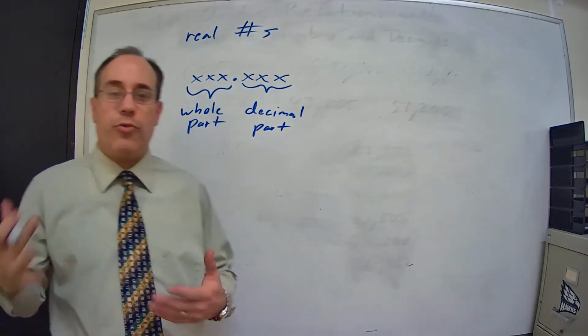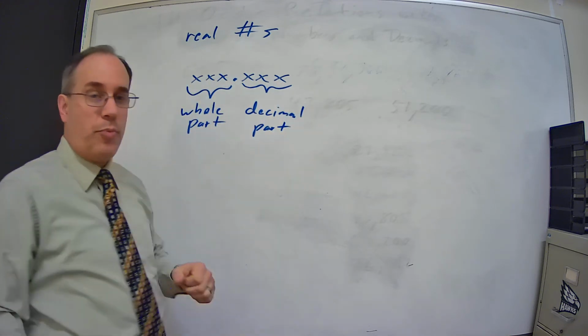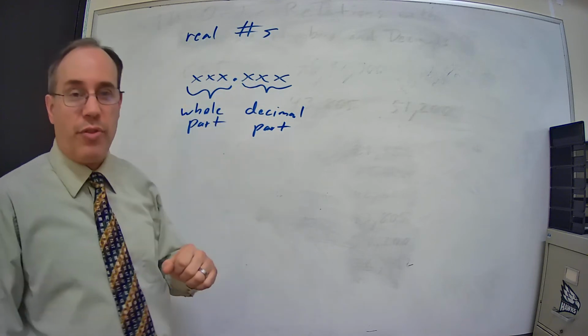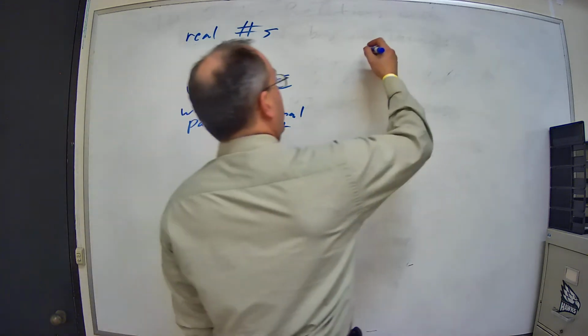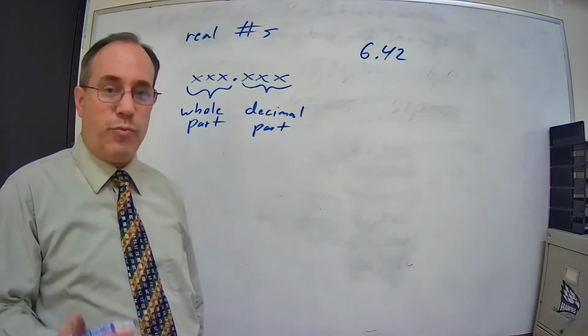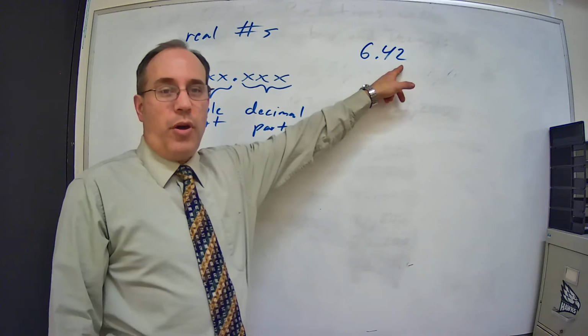So when we're dealing with real numbers, we can have a whole part, we can have a decimal part, and as you've seen, we can have numbers that have one or both of these, right? We could have 6.42. That's a real number with a whole part of 6 and a decimal part of 42.